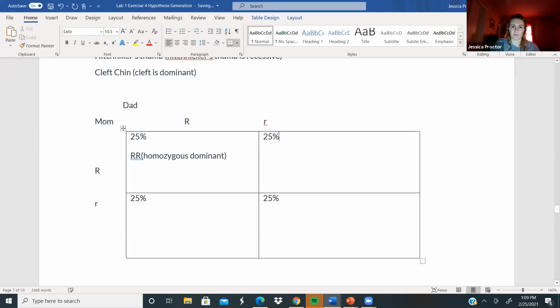Okay, and then here in this little box, we're always putting the capital letter first, always the dominant allele first. We're taking one allele from here, and one allele from here. So this is going to be a heterozygous child. Then in this box, we take one allele from here, one allele from here, so we're getting another heterozygous child.